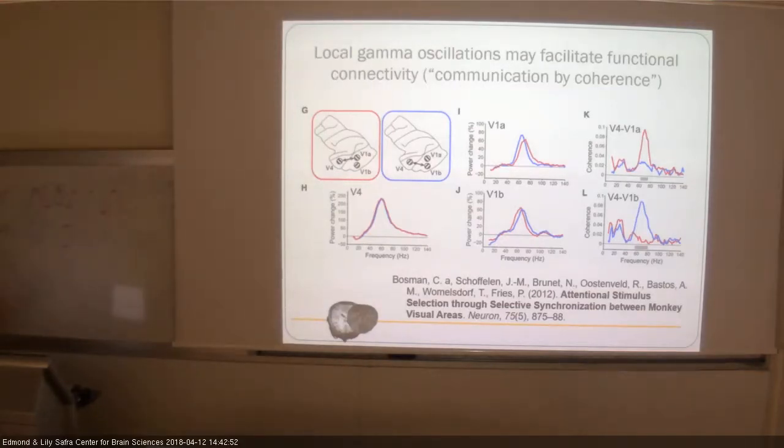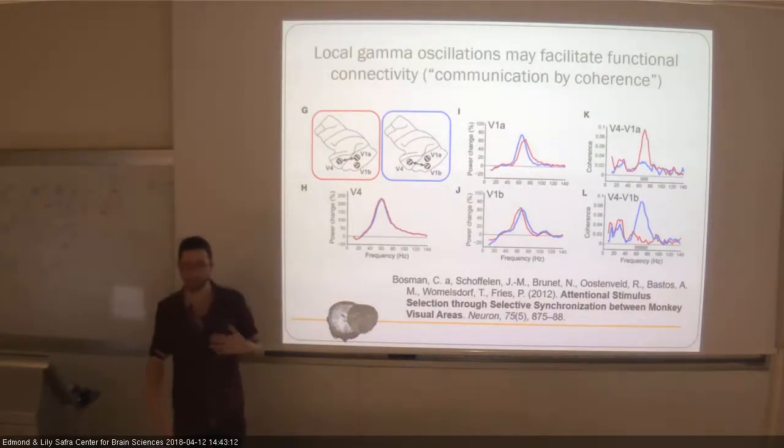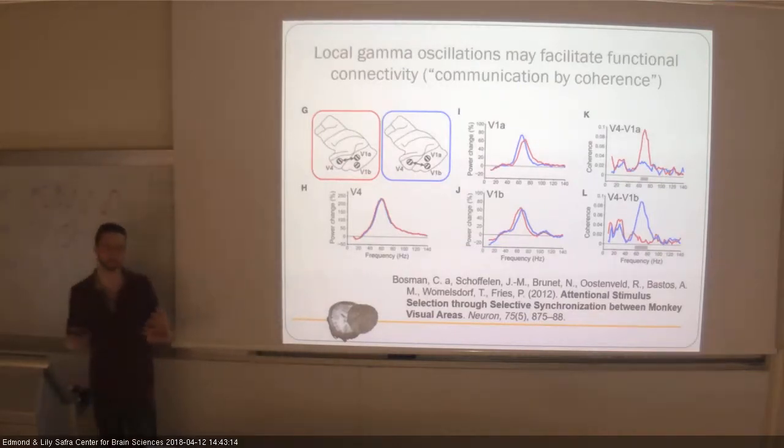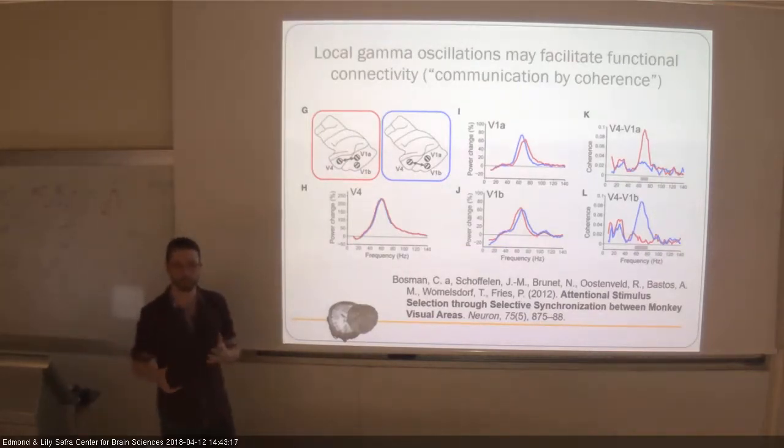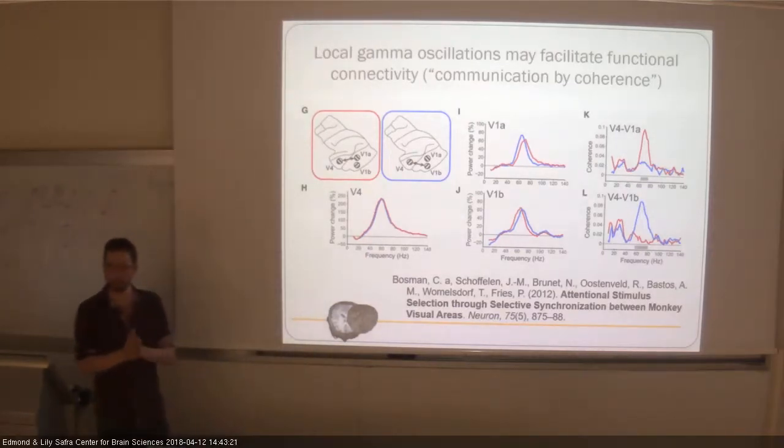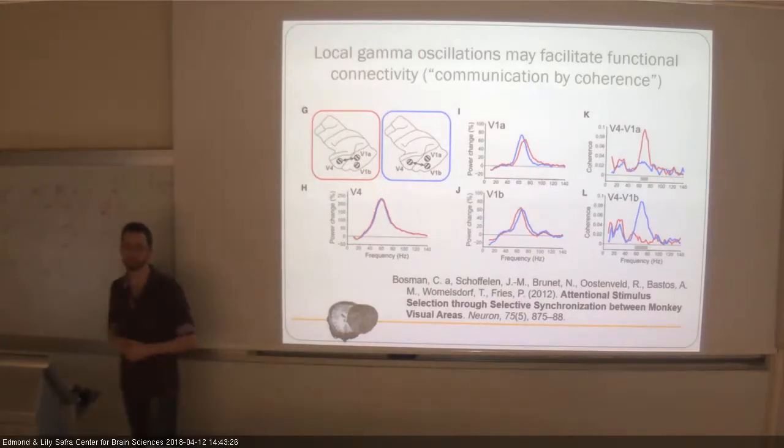So these two areas are both activated, but V4 is more synchronized with only one of the V1 areas, depending on which one of them the monkey is attending. All right? So this is a very nice representation of this idea that two brain areas that should be talking to each other more than two other brain areas are also more synchronized in the gamma frequency band.